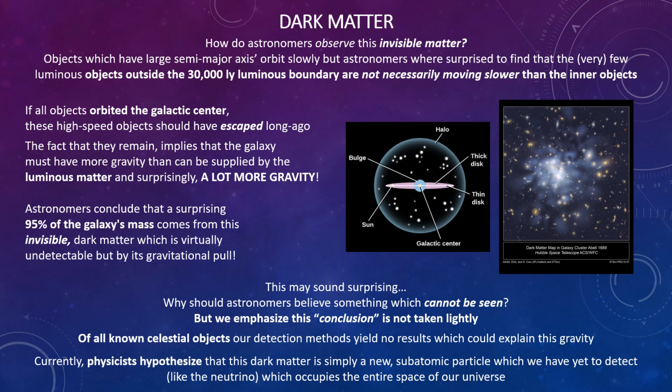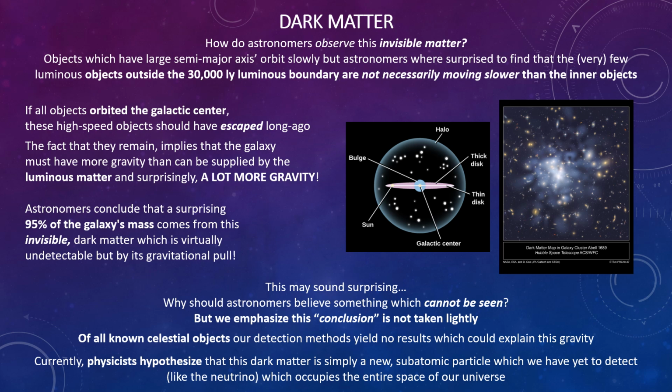So now we'll talk about dark matter. How do astronomers observe invisible matter? Well, it's through gravitational influence, the same way that we first were observing black holes.